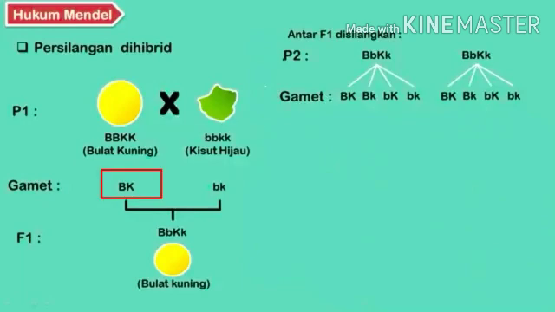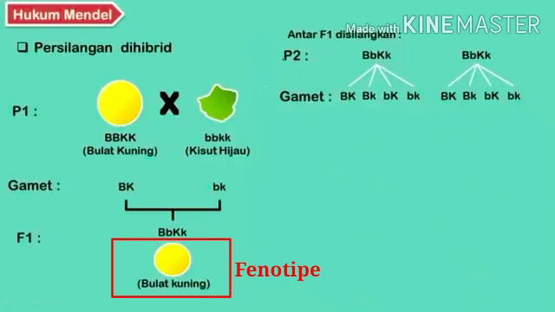It is BK. bbkk, the same gametes. It is bk. When we cross it, the result is BbKk. The result of this crossing is called filial or F. This BbKk is the genotype, while the phenotype is the character. Because B is big and K is big, the resulting beans are round and yellow.